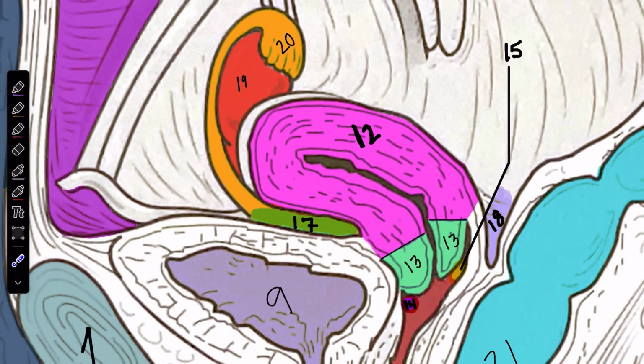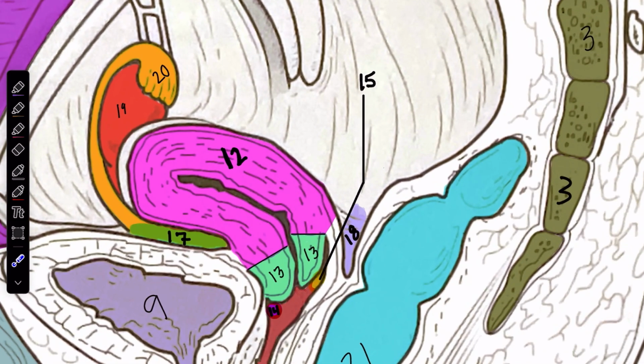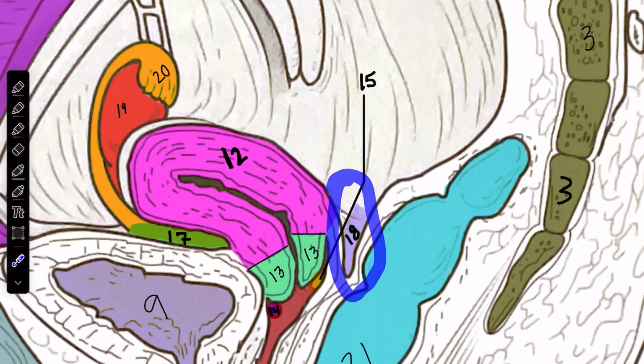Sorry, 17 is going to be your vesico-uterine pouch, while 18 is going to be your recto-uterine pouch.